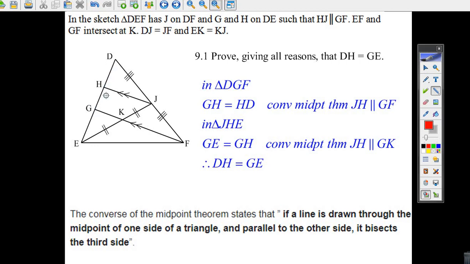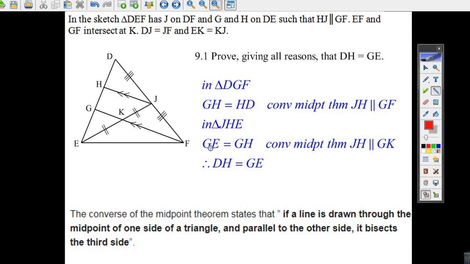So that means that GH equals HD because of the converse of the midpoint theorem, because JH is this parallel line going across here that's on a midpoint. If it goes to this side, it'll break it into 2 pieces. H will be a midpoint.